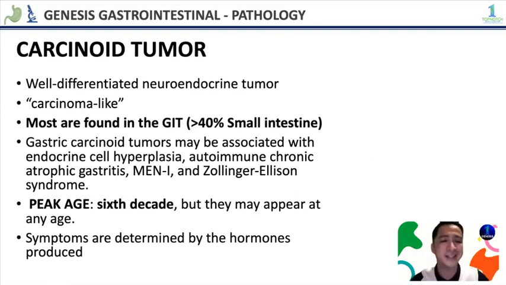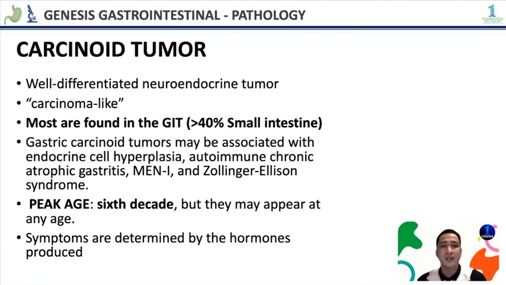Carcinoid tumor is a well-differentiated neuroendocrine tumor, carcinoma-like, and most are found in the GIT. Commonly, the majority, greater than 40%, are found in the small intestine. Next common site is the tracheobronchial tree.